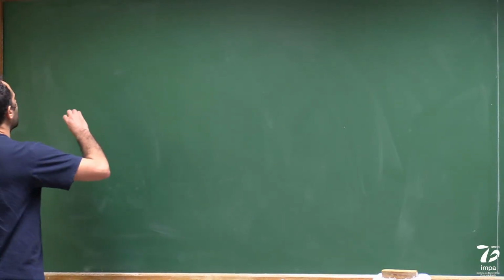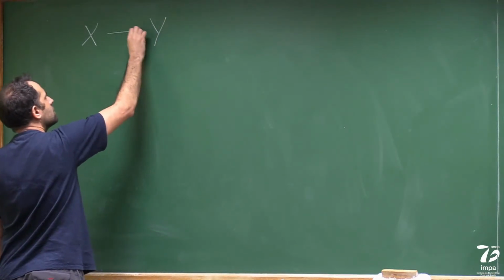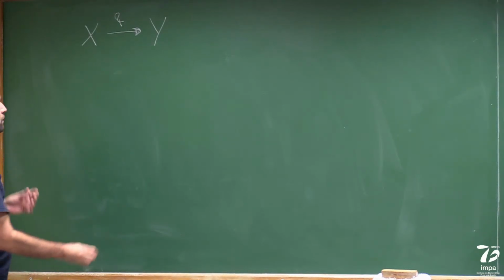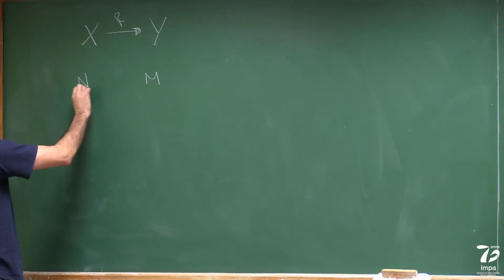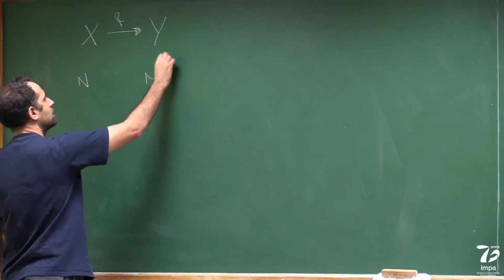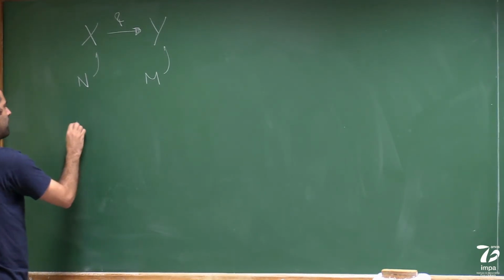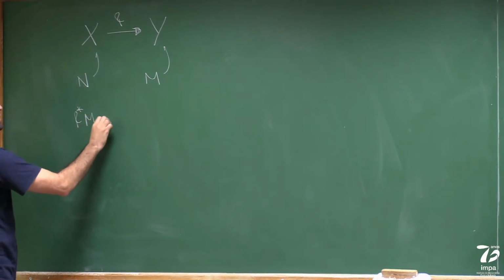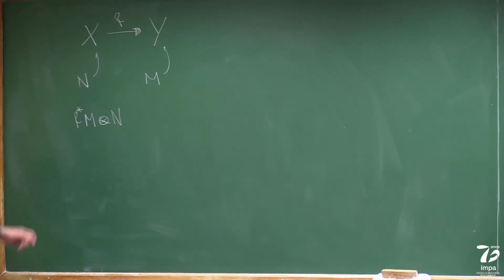The example I have in mind is I have a space X mapping to a space Y, let's say by f, and I want to have a module over Y and a module over X, and what I could do is pull this module from Y to X and then tensor it on X. So that's one thing that I want to do.